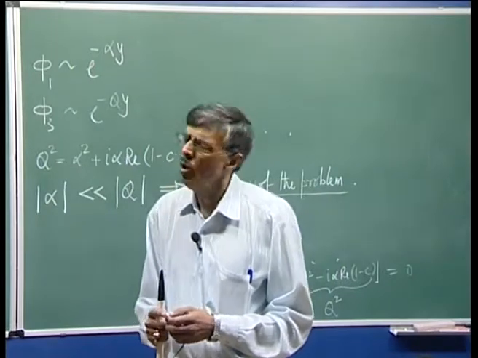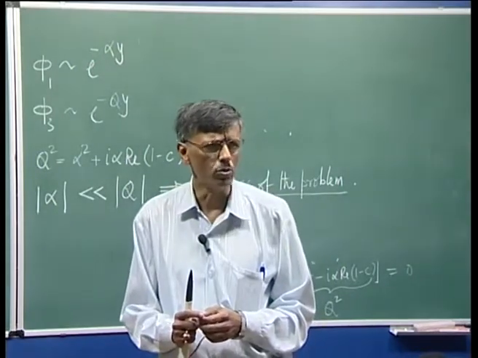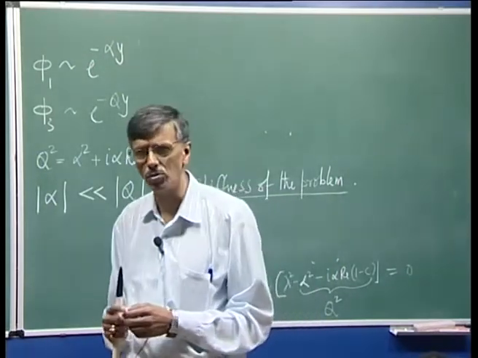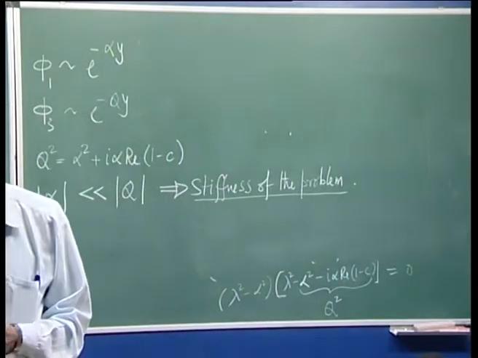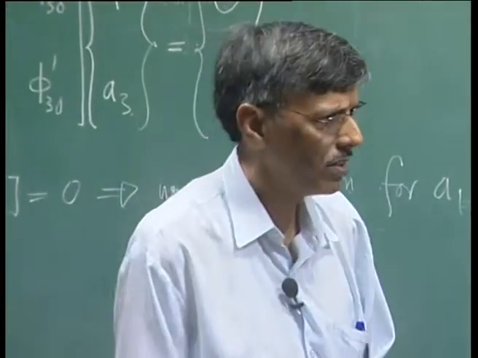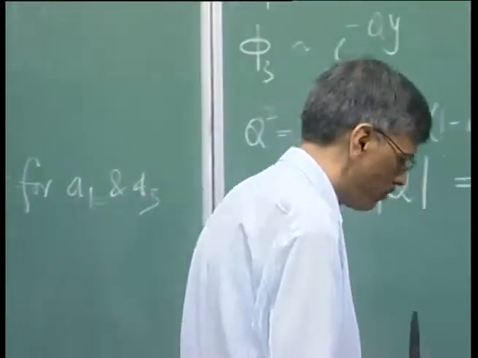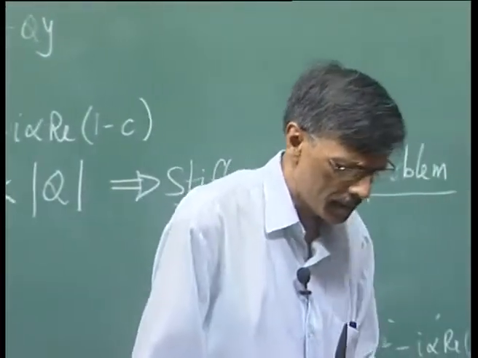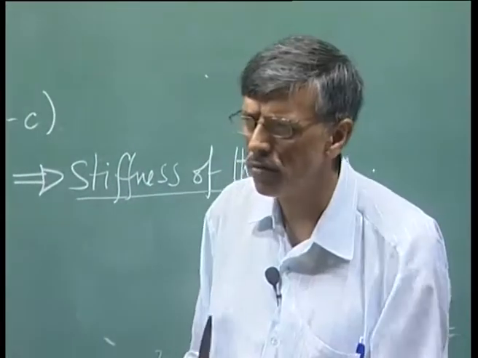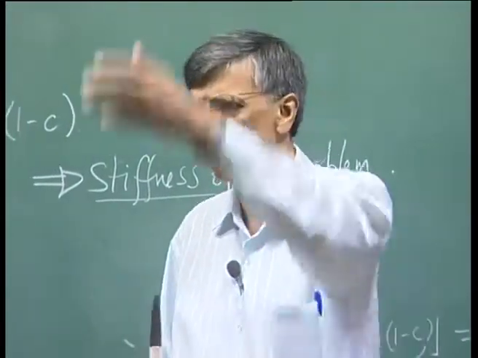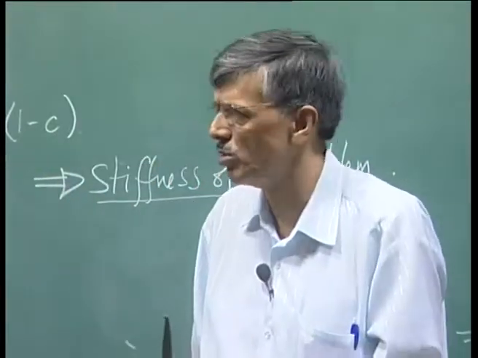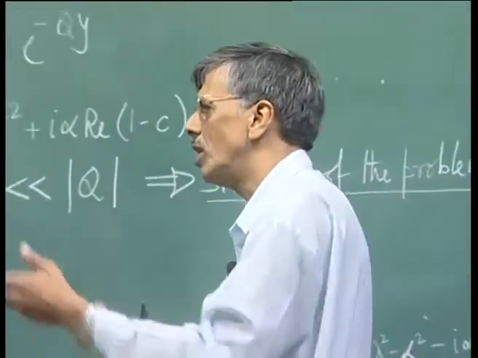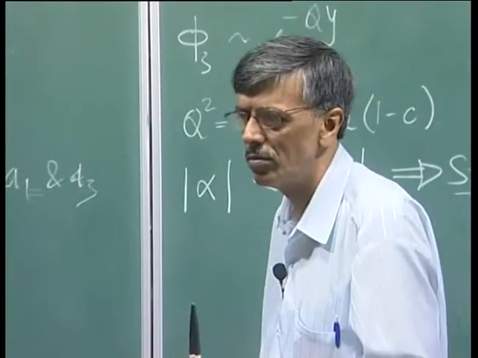Okay. What does stiffness do? Stiffness does the following thing, that if you start off with a solution somewhere, let us say you start off from the free stream, because that is where you have the qualitative nature of the solution available to you. Now, you come down.